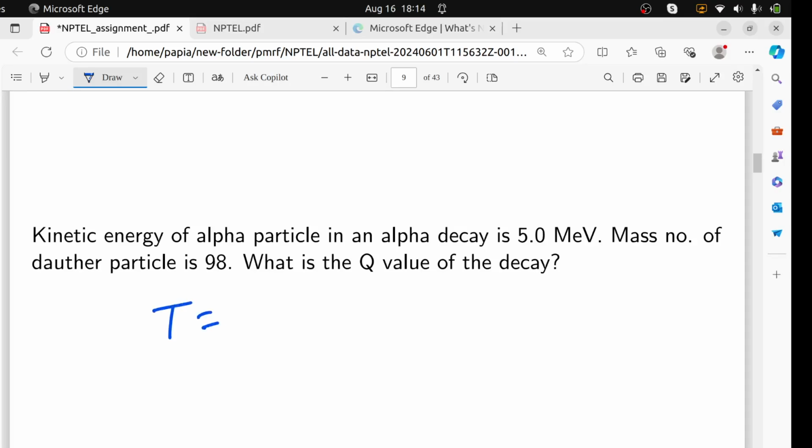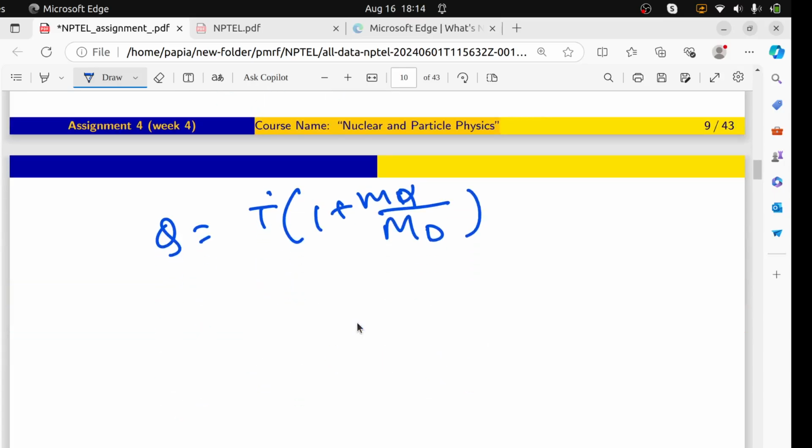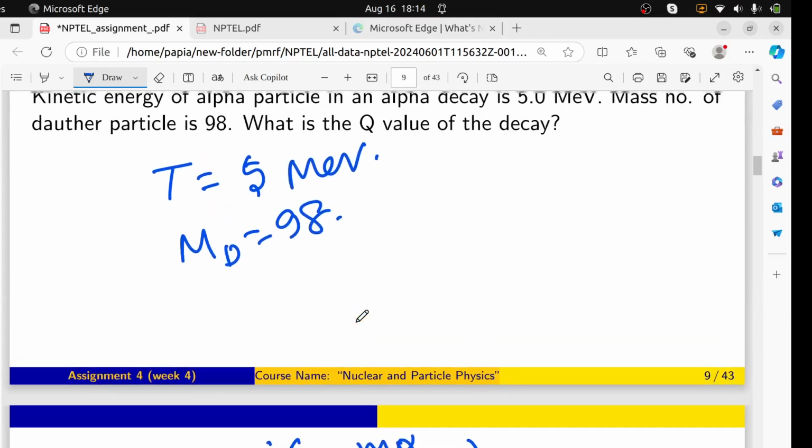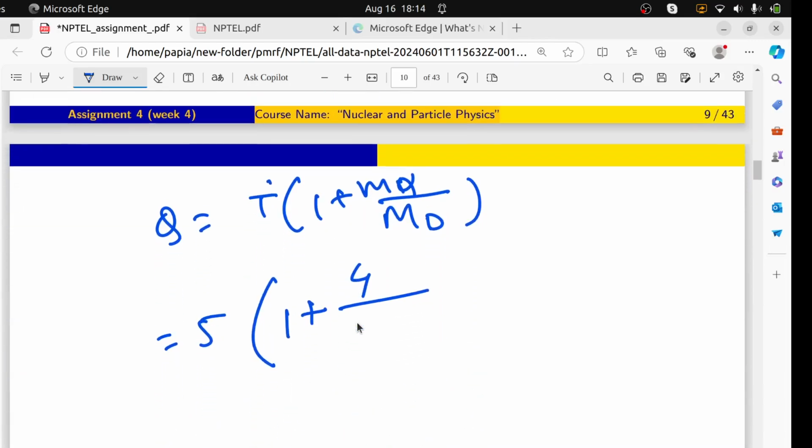So T is 5 MeV. MD is given as 98. What will be the value of Q, right? So Q will be T into 1 plus M alpha by MD. So many times I have written that one, so I just remember it. 1 plus 4 divided by MD, and MD is 98, the daughter particle.